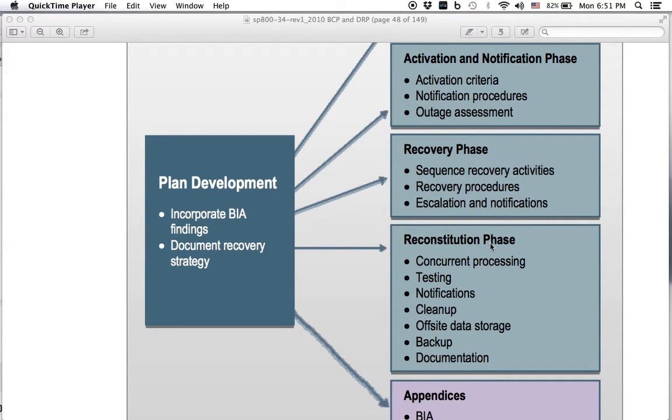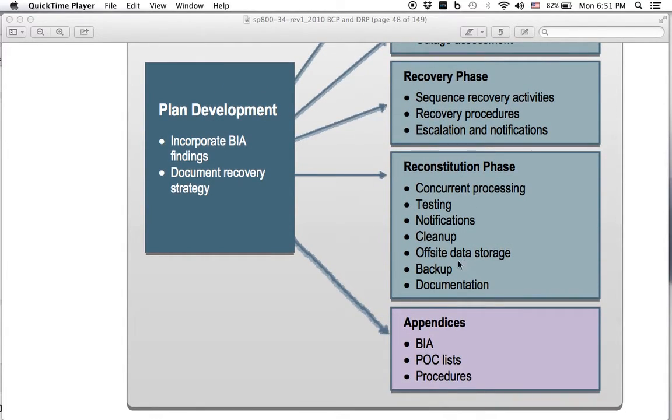This is the phase involved with clearing the backlog or clean up activity to make sure the business can resume on time based on the critical function identified in the BIA document.